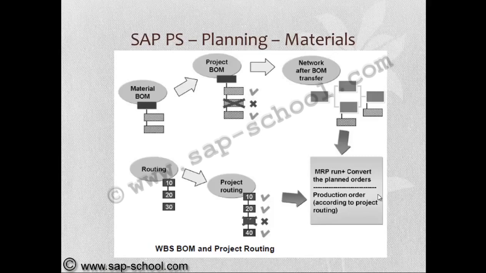Or in production planning, from the routing, which we can also call project routing, we can assign; that is, MRP run plus convert the planned orders. So here the production order is being used.